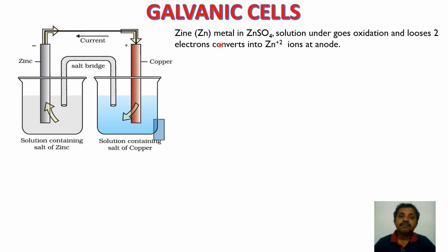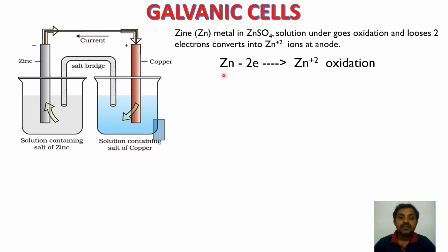Now, the zinc metal placed in the zinc sulfate solution undergoes an oxidation reaction, loses 2 electrons and converts into Zn2+. That is, zinc is undergoing oxidation. The oxidation number of the zinc is increased by the loss of 2 electrons.